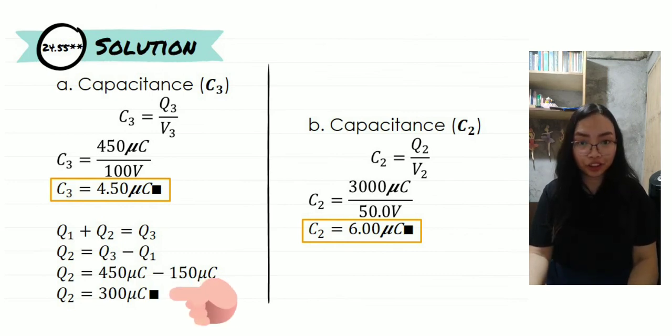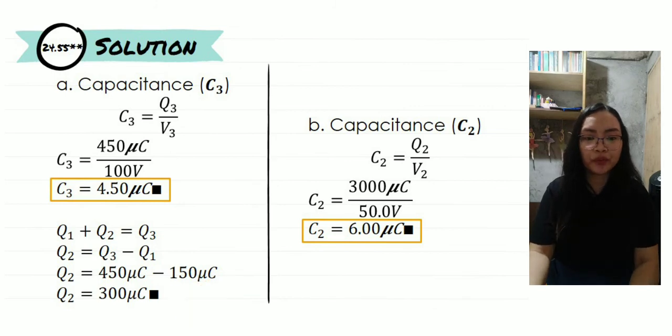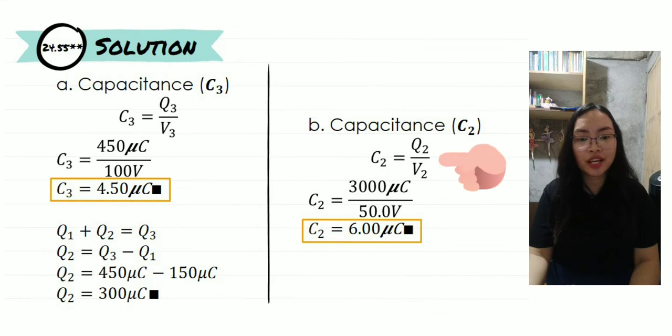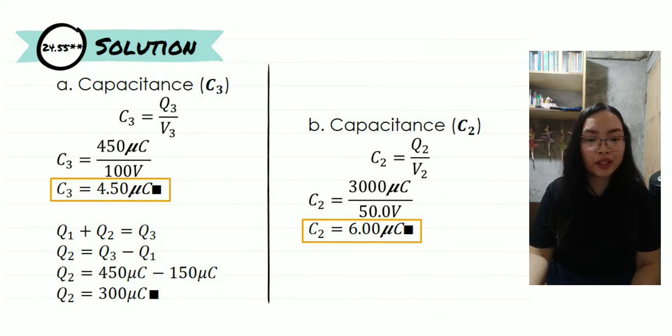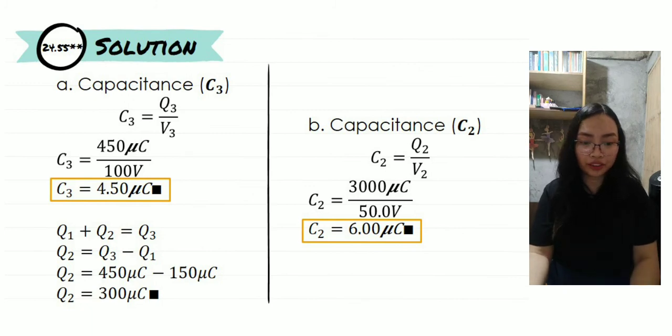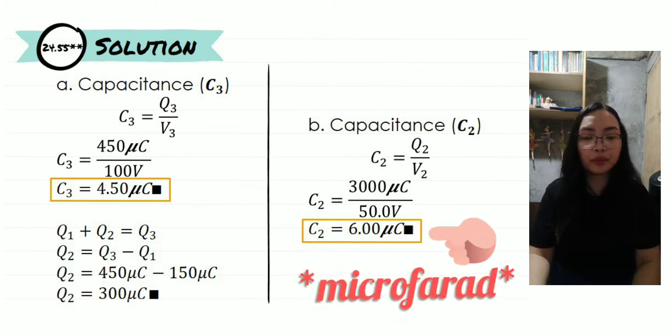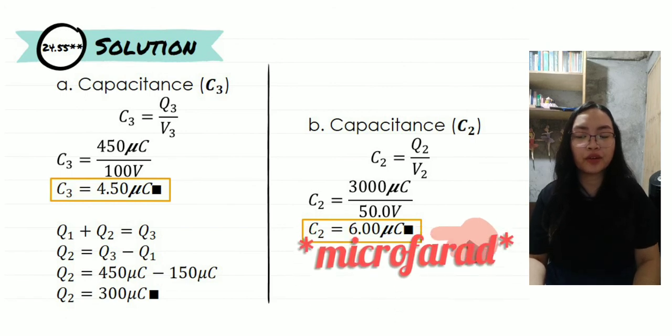So that is the charge of our capacitor 2. We need to substitute this to the equation C is equal to Q over V. So we will have 300 microcoulomb over 50.0 volts is equal to 6.00 microfarad.